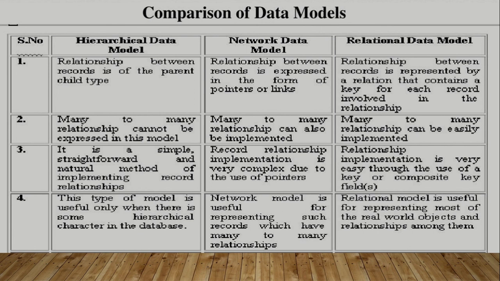Fourth comparison is that we can use the hierarchical model when we have some hierarchical character in the database, right? The network data model is useful for representing records which have many-to-many relationships, right? And the relational data model is useful for representing most real objects because there is a relationship among them, right?